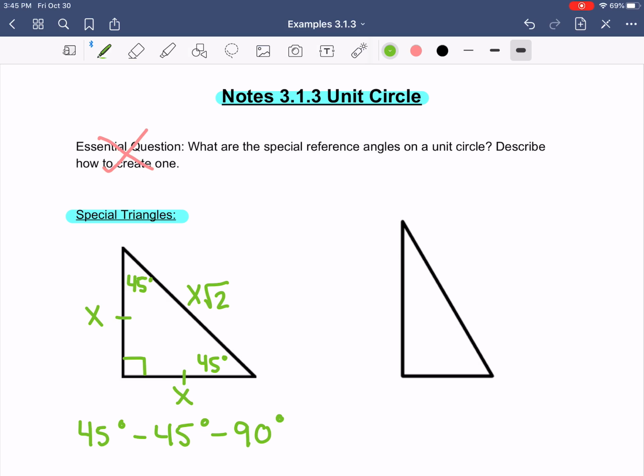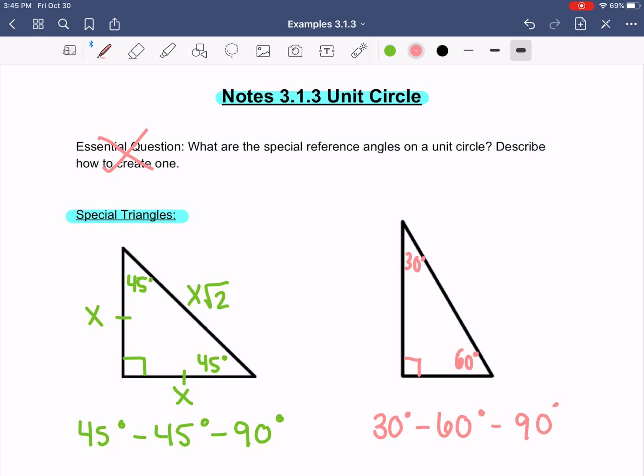All right, the other special triangle that we have is the 30, 60, 90 triangle. Here's my right angle, and then my smaller angle is 30 degrees, and my larger angle is 60 degrees. Something that you need to know about a 30, 60, 90 right triangle is that the smallest side is always across from the smallest angle.